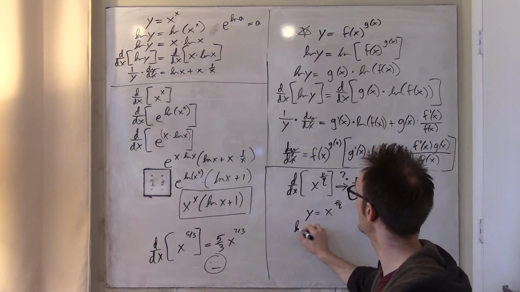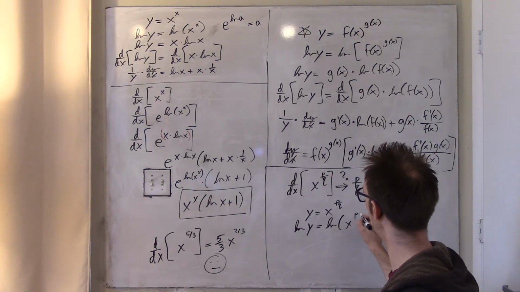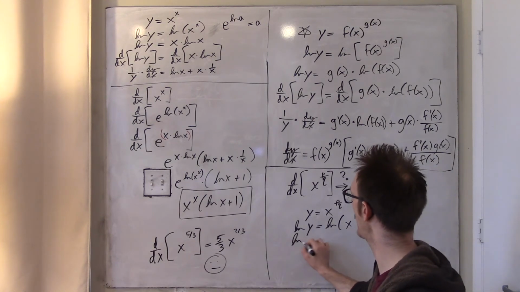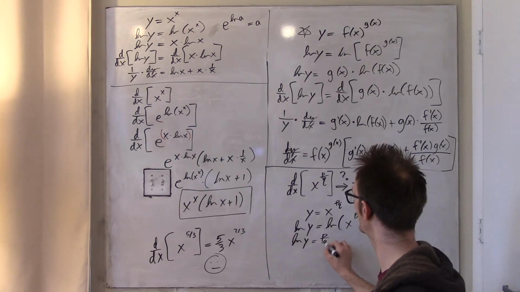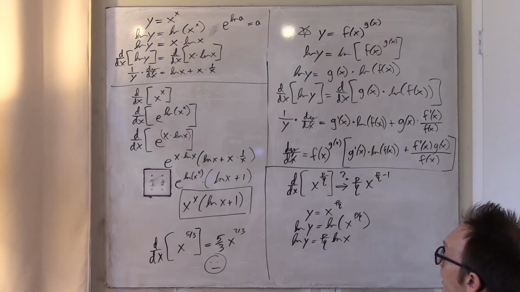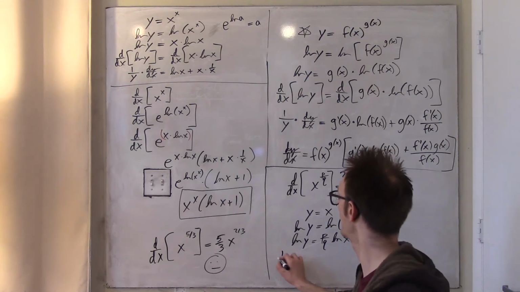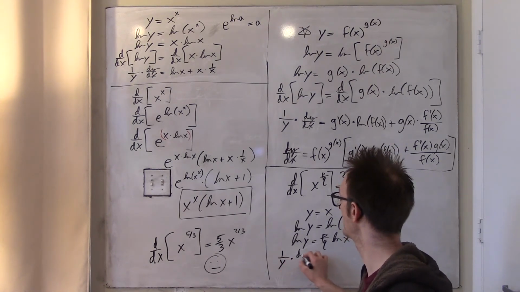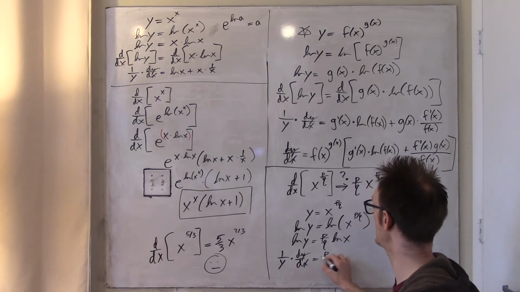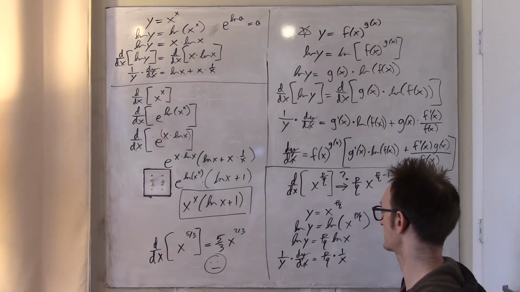So you get ln y equals ln of x to the p over q, which is just ln y equals p over q ln x. And then you differentiate both sides with respect to x. What do you get? 1 over y times dy dx. And this is just p over q times the derivative of ln x, which is 1 over x.